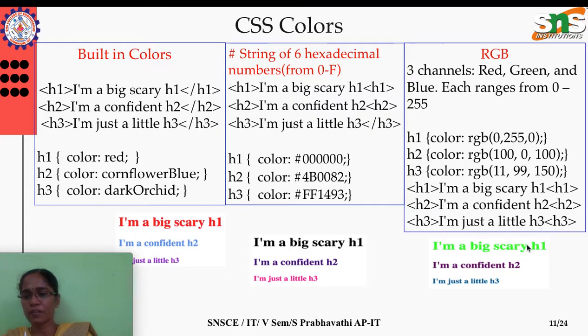I am a big scary H1. And for H2, red and blue combination is 100, so it turns out to be, I think, purple. And in this combination blue is dominant, so that's what we are getting, a blue color with a little combination of red and green.